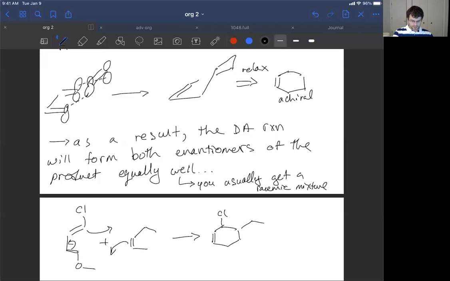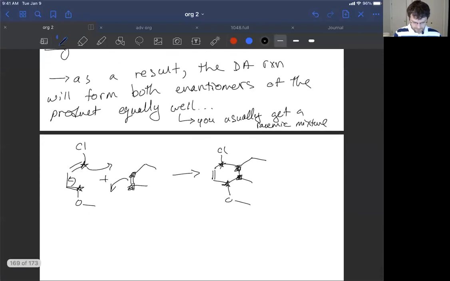Now, in a future lecture, we'll develop a model for predicting the stereoisomers. But in these three arrows, which show the connection of the starred carbons with the squared carbons, we see that we have these two new bonds again. We've once again formed a six-membered ring with an alkene.